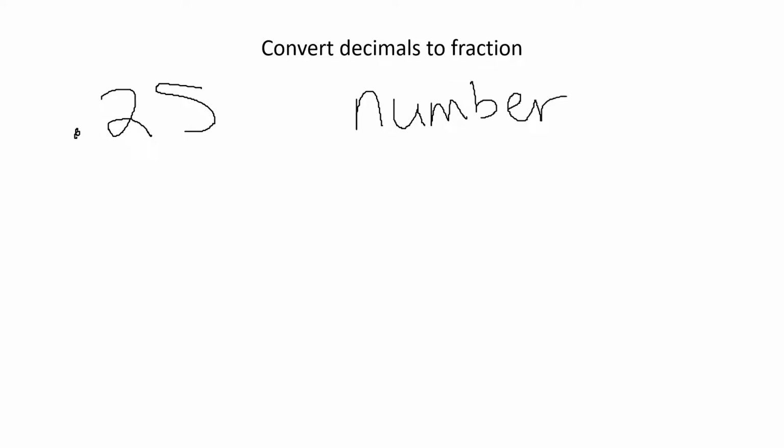The next part of this is converting decimals back to fractions, and this one is maybe a little more confusing, but it's not necessarily very hard. Let's say that I give you 0.25, and what you have to do is pretend it's a regular number first, and that's going to become your top. Your numerator is going to become just the number. Your bottom is going to become the place value.